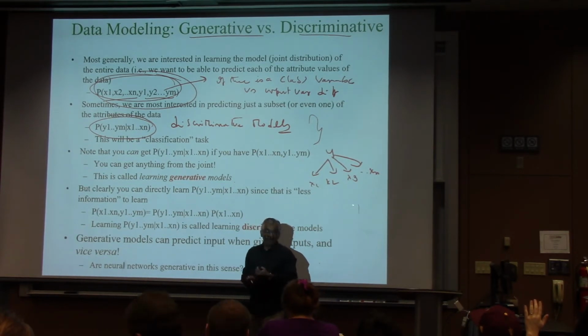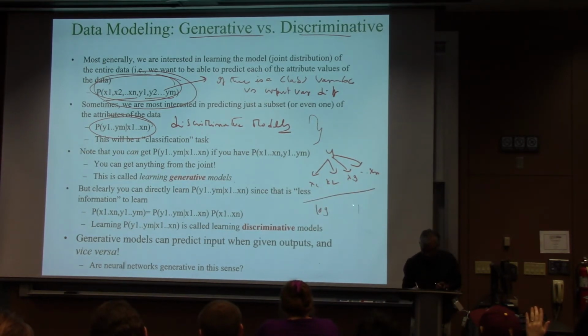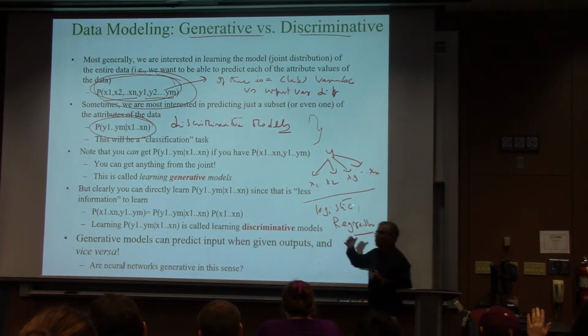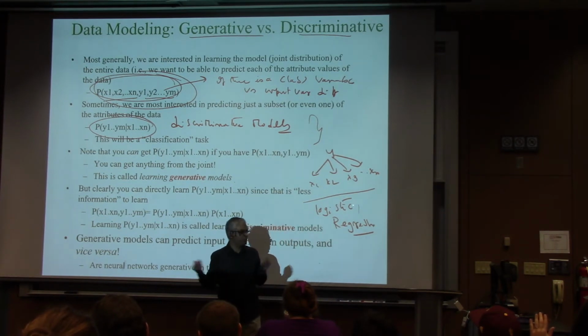Okay. For the classification tasks, in the statistical scenarios, logistic regression turns out to be a discriminative model. It directly captures Y given X, not the joint distribution.